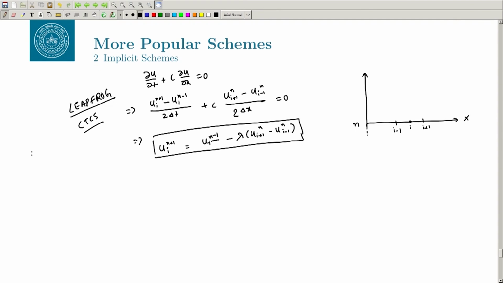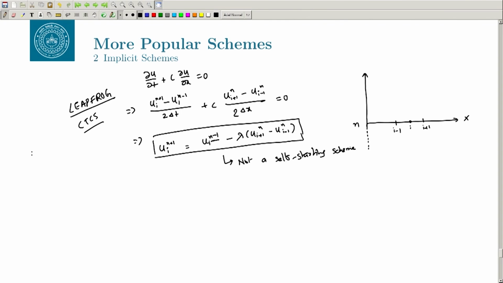So, of course, if you are starting a simulation, you do not know the value at n minus 1, right. So, this is not a self-starting scheme. What does it mean? That means you have to start solving this problem using some other scheme, maybe forward in time and central in space, or forward in time and backward in space, whatever, so that you can get the values of some time steps.